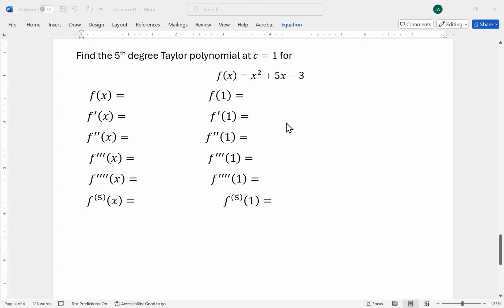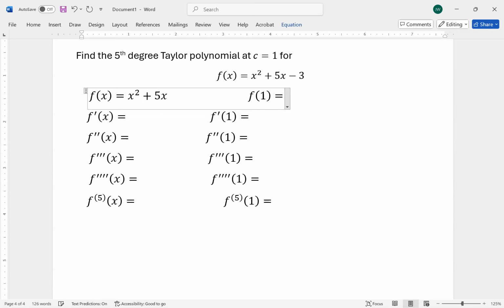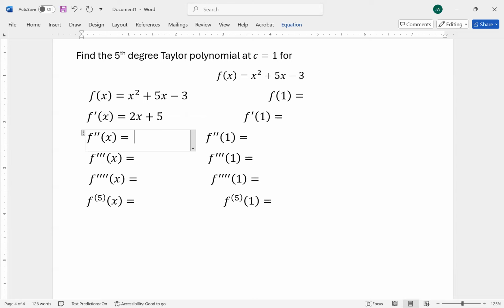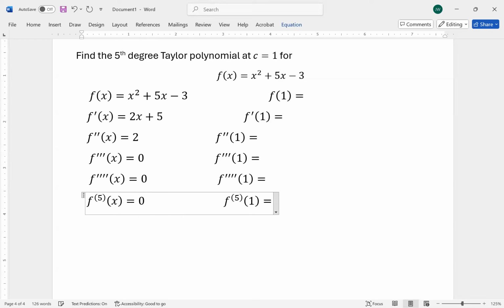All right, so this polynomial function is obviously x squared plus 5x minus 3. And the derivative of that is obviously 2x plus 5. And the derivative of that is 2. And then after that, every derivative beyond the second derivative is going to be 0.